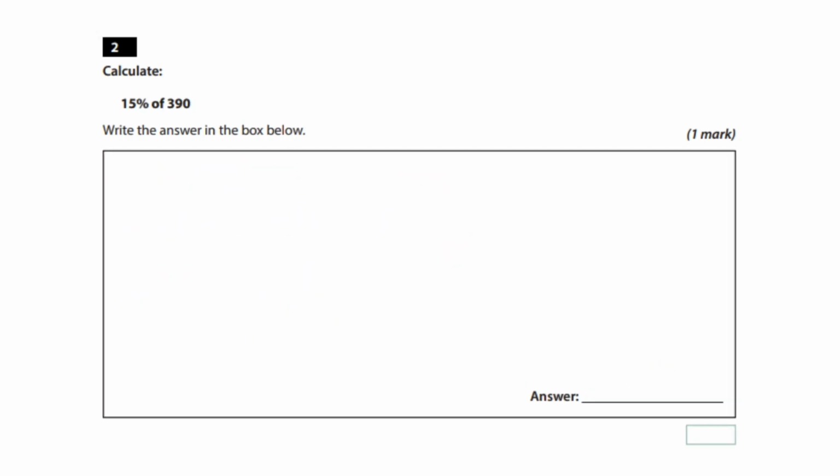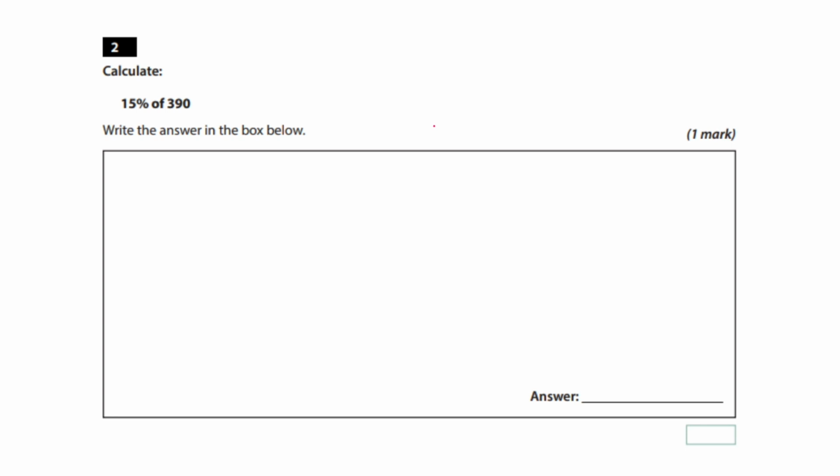Question 2. Calculate 15% of 390. So it's important that we know some percentage facts and how we can derive percentages from numbers. So if you know that 10% of 390, we just bounce that decimal point once.